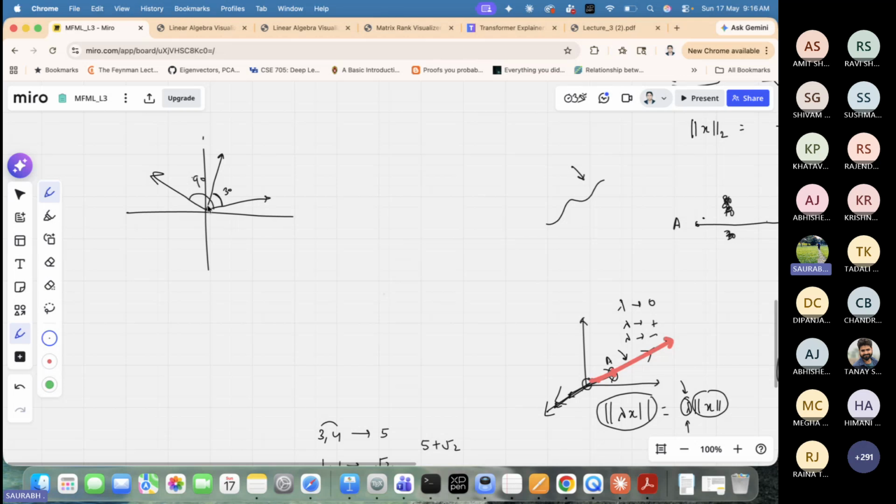Let's say, for example, the angle between them is zero. Basically, they are collinear. They are scaled versions of each other, right? So they are similar. Their length could be different, but they are similar because they are pointing in the same direction.